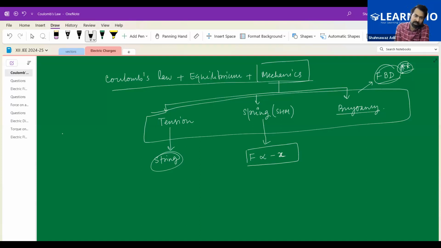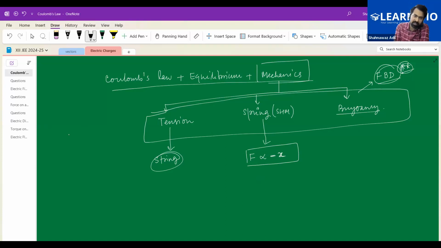Motion in 1D. But then why did you write minus x? Minus x because this is against the direction of the displacement or whatever distance it has covered. So this is against the displacement, right?